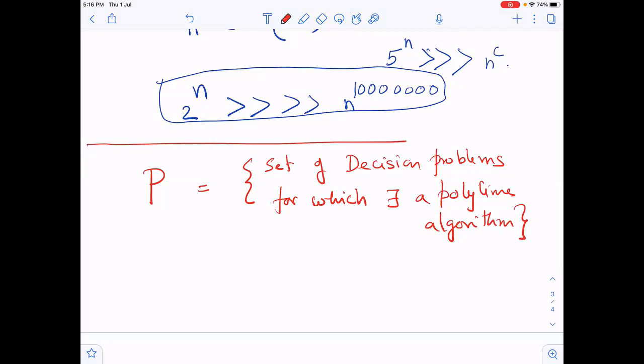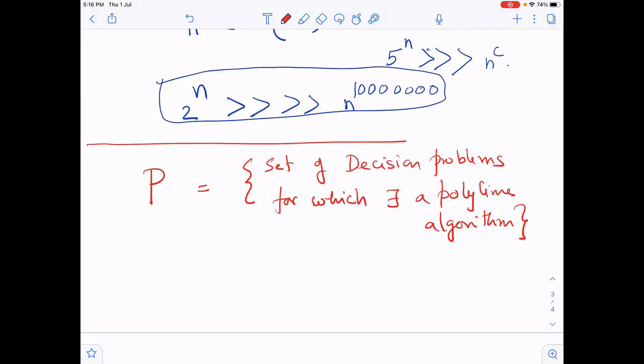Okay, it's a different issue that some algorithms are such bad polynomials that they cannot be used in practice. But that's fine, that is not what anybody looks at.